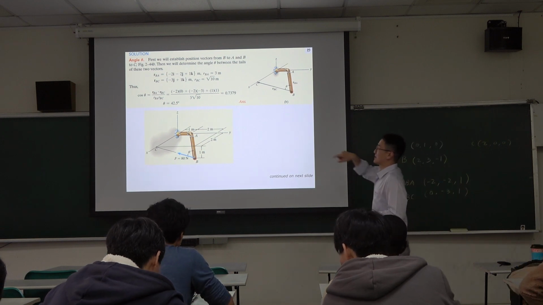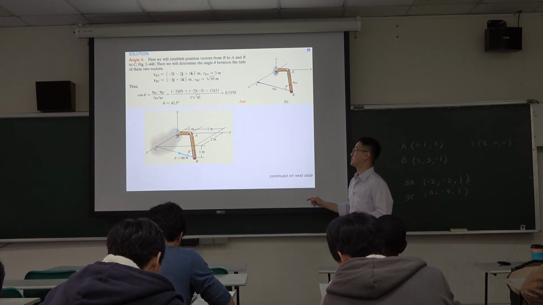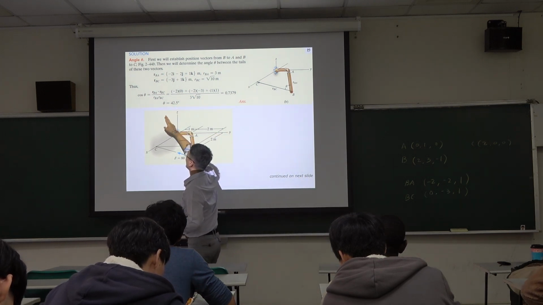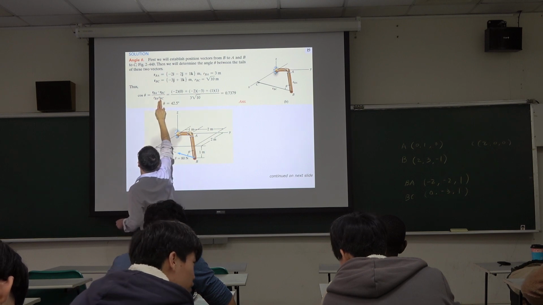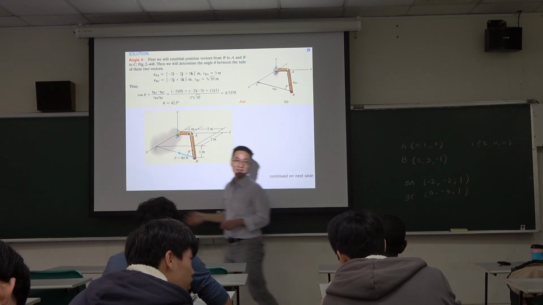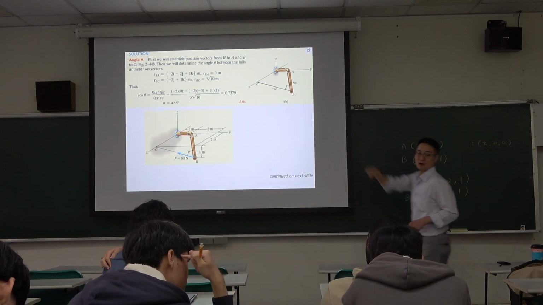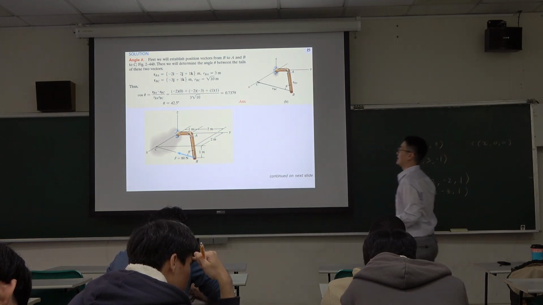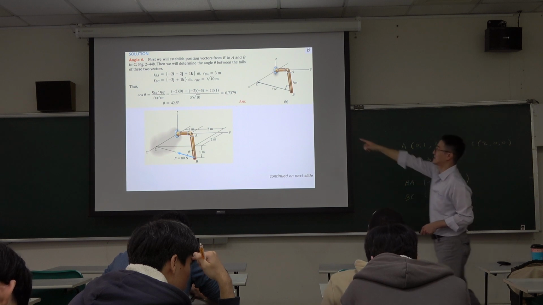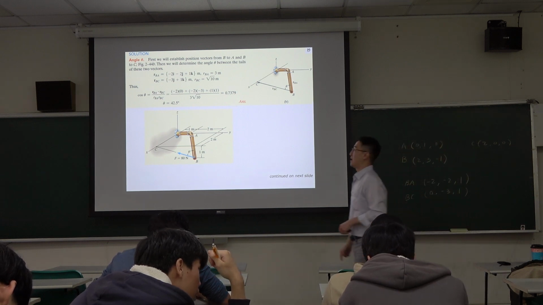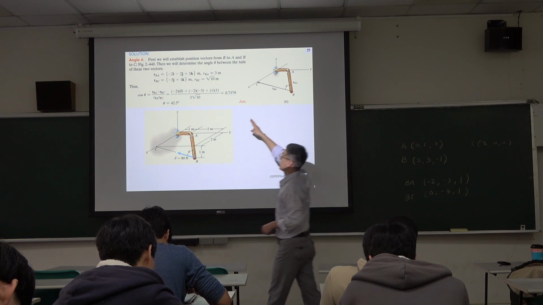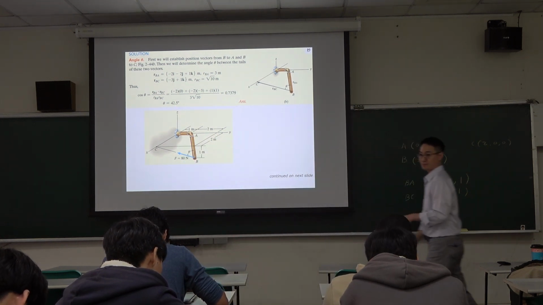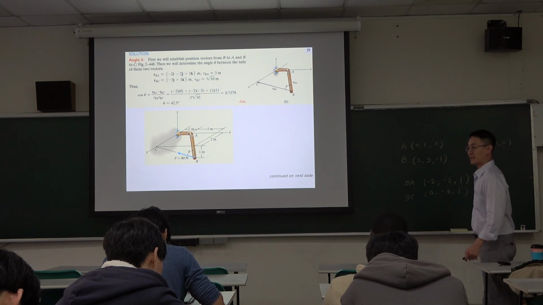So we use the dot product, A dot B equal to, we move this part to this side, is AB cosine theta. Following this equation, we can work out cosine theta is this value. Then we know cosine theta is this value, theta can be worked out. Okay, clear?